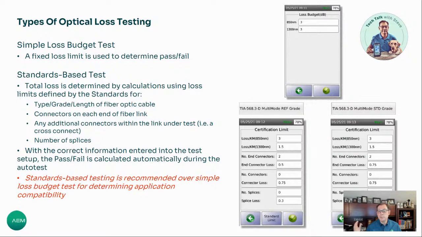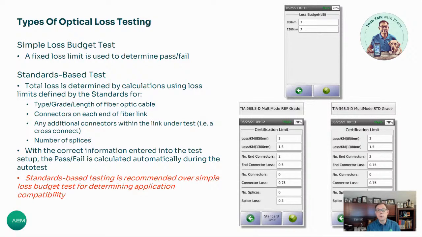For example, when you're testing from point A to point B, if there's an interconnect in between, perhaps in an intermediate closet where you've got two fiber panels and a patch cord going between them, you have to account for those two mated pairs of connectors as well. Any additional splices, whether fusion or mechanical, you need to account for too.